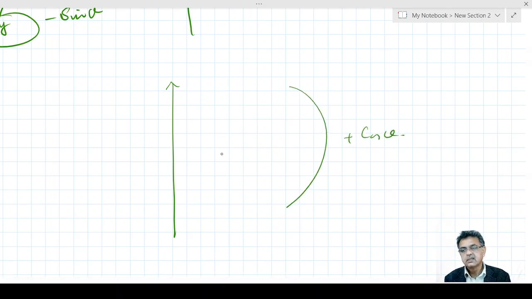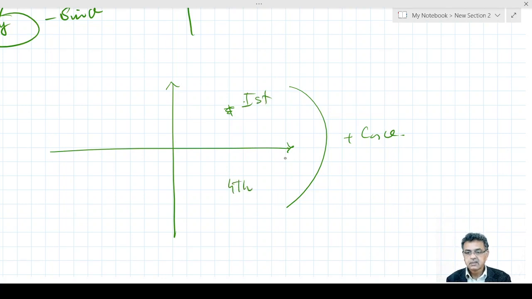Which two quadrants are there? These are the first and fourth quadrants. For both of these quadrants, x is positive. So for a point anywhere in one of these two quadrants, cos theta is positive.